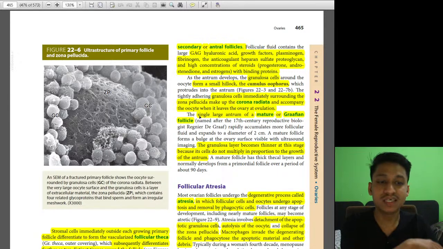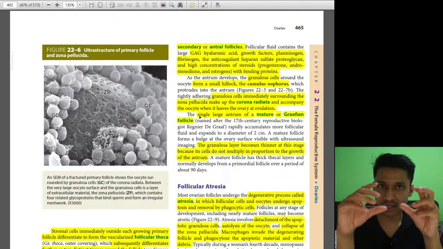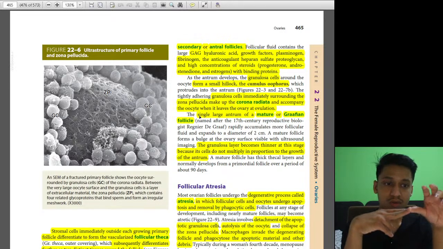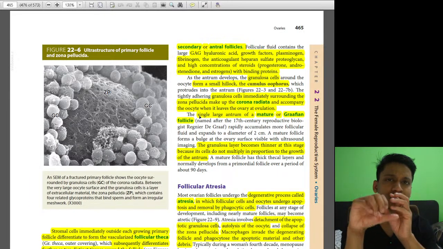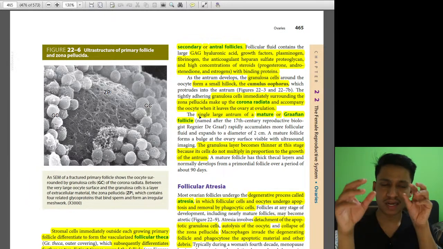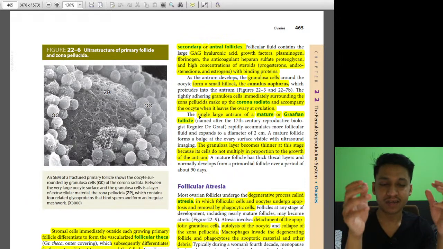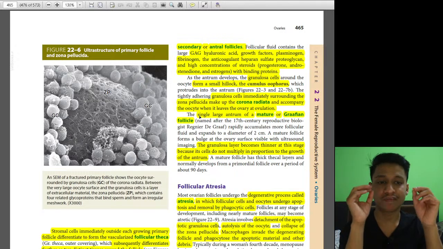So this single large antrum, which has the corona radiata and the cumulus oophorus of granulosa cells protruding into the antrum, when these things become evident, we call this follicle a mature follicle or a Graafian follicle.